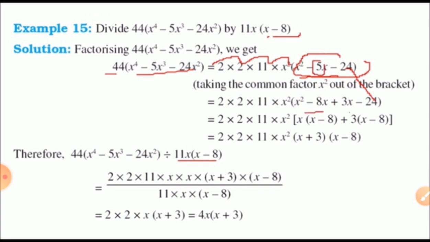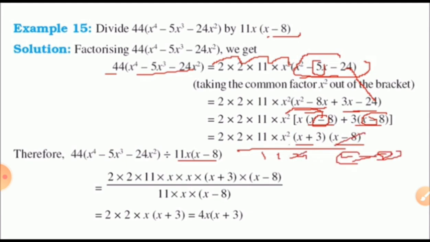Taking the common factor x square out of the bracket, 2 into 2 into 11 into x square minus 8x plus 3x minus 24. Yes, at last you have 4x, x plus 3.